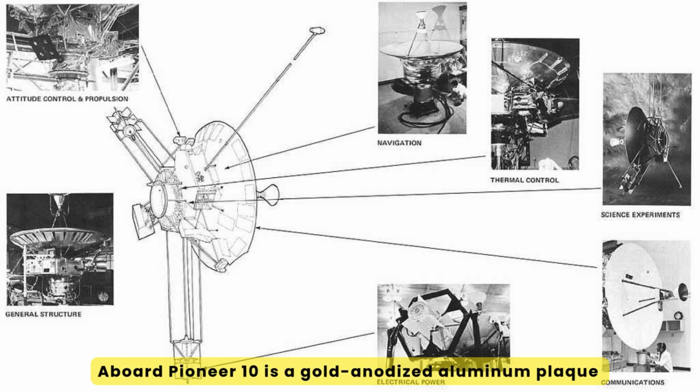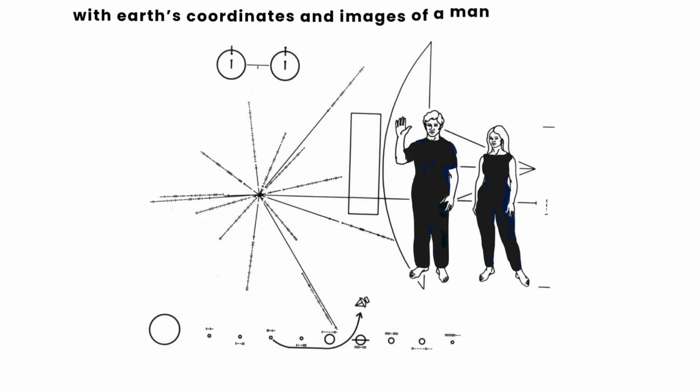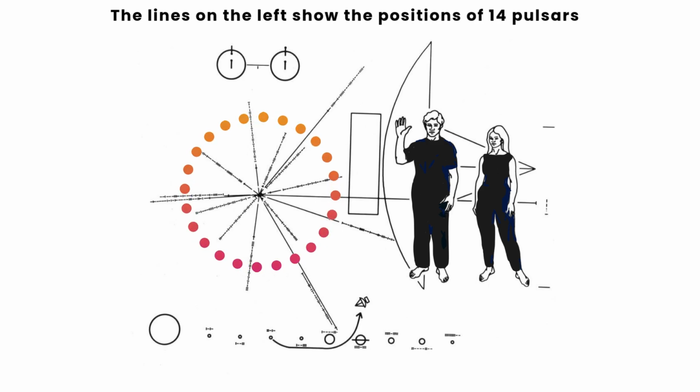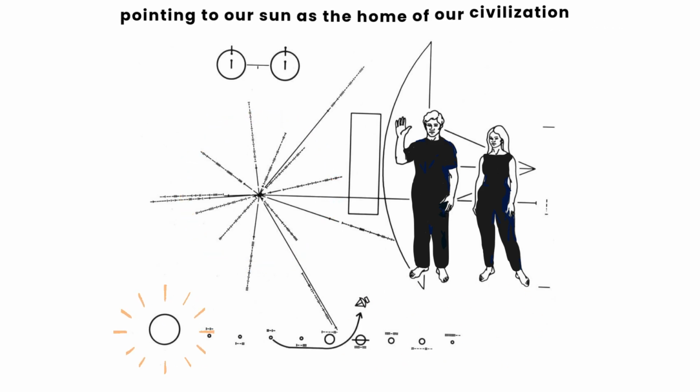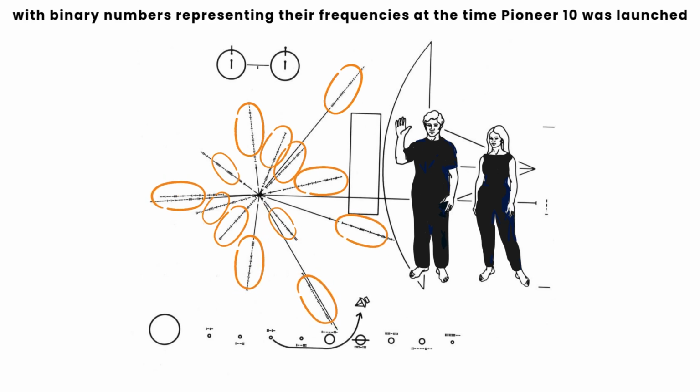Aboard Pioneer 10 is a gold anodized aluminum plaque with Earth's coordinates and images of a man and a woman. The lines on the left show the positions of 14 pulsars pointing to our sun as the home of our civilization, with binary numbers representing their frequencies at the time Pioneer 10 was launched.